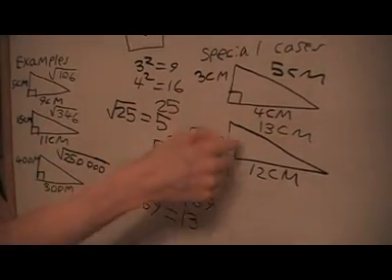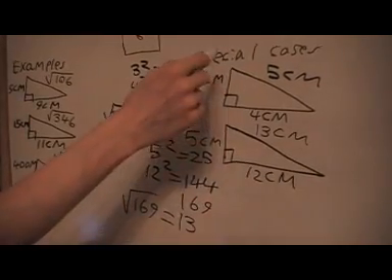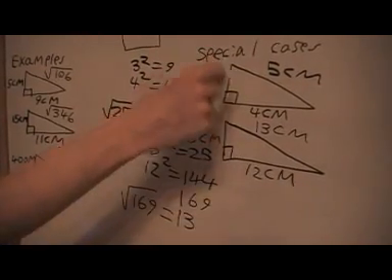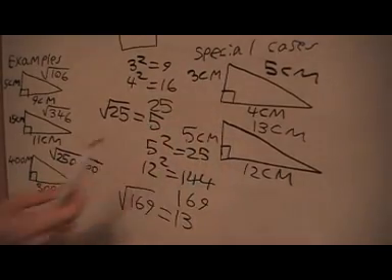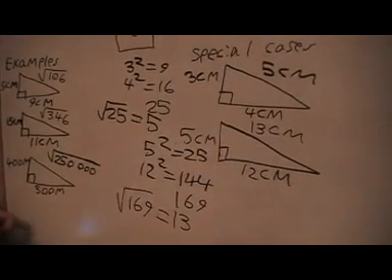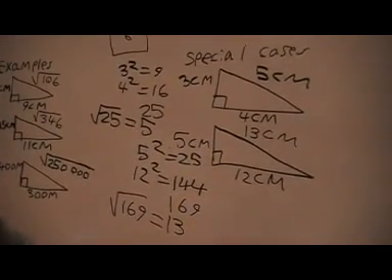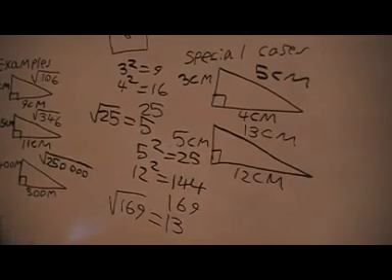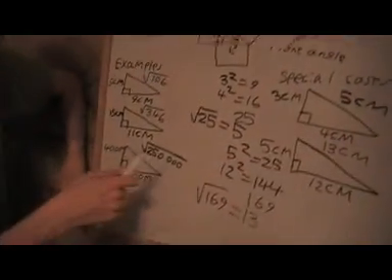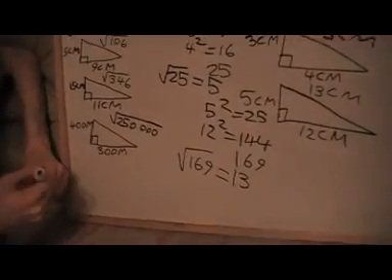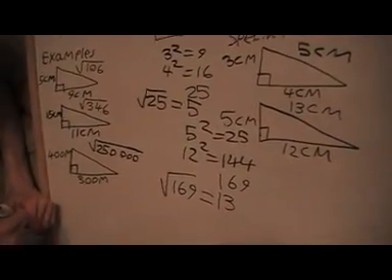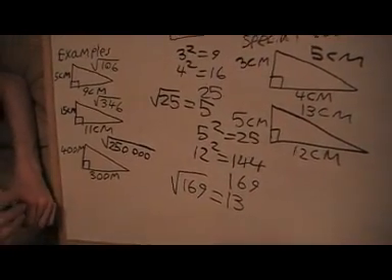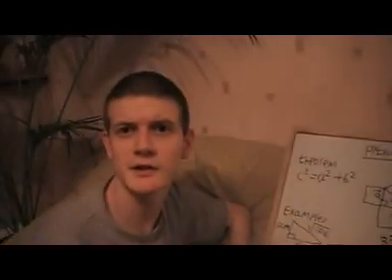These are called Pythagorean triplets because they're all whole numbers and they work out nicely. So try that one, see what it comes out to be. I'll put the answer on the video in a note for you in case you need some help.